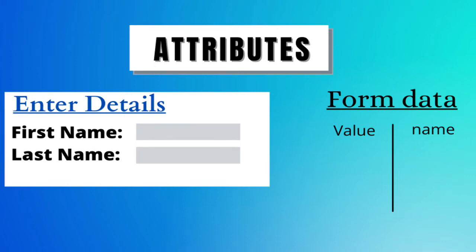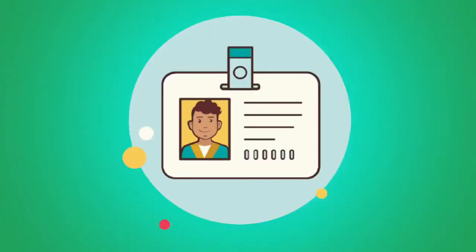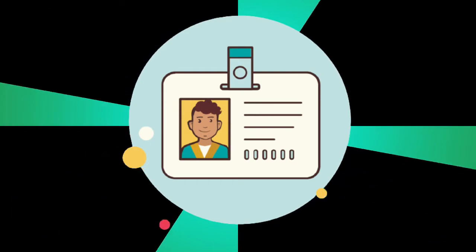For example, if you are sending your name to the server, we will give an identity to that. Like in a college or school, every child has an identity card so that the teachers can identify the students. In the same way, to identify the element of the form, the server needs an identity card. So that identity card is nothing but the name.